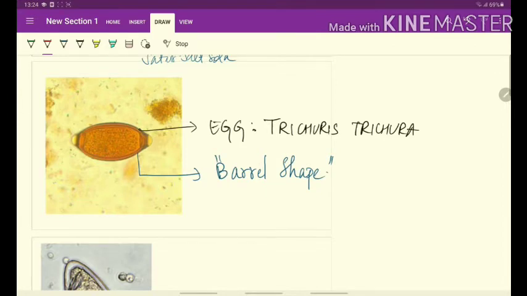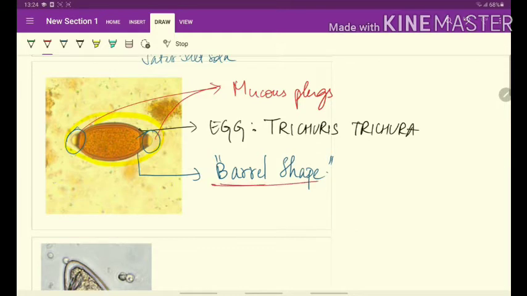This is a barrel shaped egg with two mucus plugs at the poles which protrude out. So these are the mucus plugs at the poles of the egg which protrude out, giving it a barrel shape.